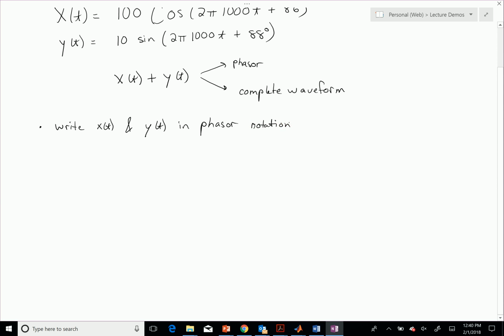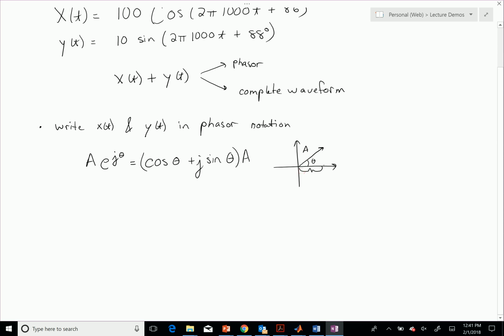Now to do that, I want to make a point real quick. In general, just remember that e to the j theta equals cosine of theta plus j sine of theta. And maybe I'll add an amplitude to that. That says that I've got a vector whose length is A and whose angle is theta.